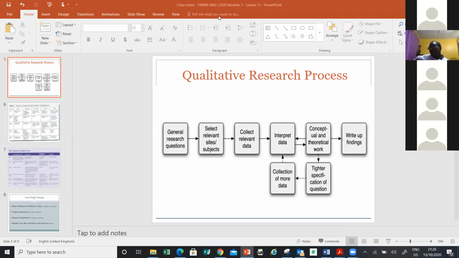But then when I started reading the literature, because how I posed my question initially was in relation to culture, organizational culture, and its impact on training. I didn't even know about training transfer at the time.